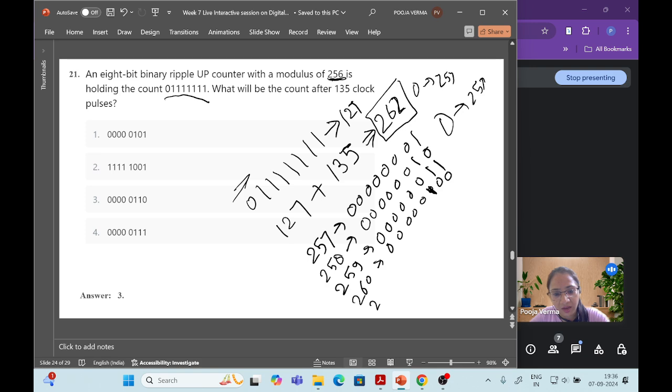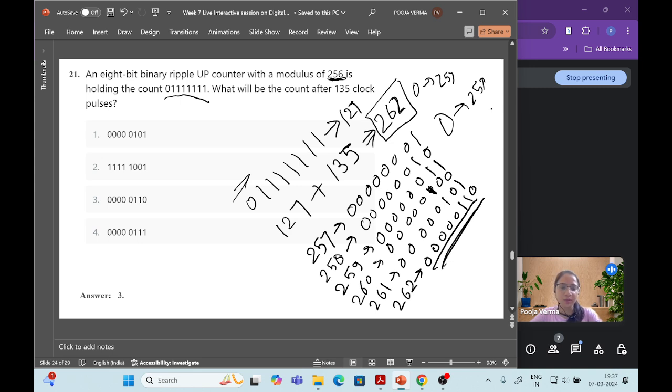At 261 clock pulse, it will count 101, and at 262 clock pulse, it will count 110, that means 6. Okay, so it will be this value at the 262 pulse, because after 257 it will start again from the beginning.